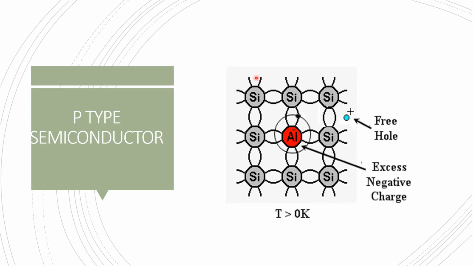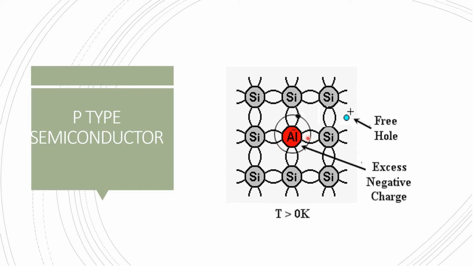And when we add some impurity, we dope a material in this, say we dope aluminium, or we can say aluminium is added to the silicon as an impurity. The atoms of aluminium have 3 electrons in the outermost orbit. 3 electrons means what?